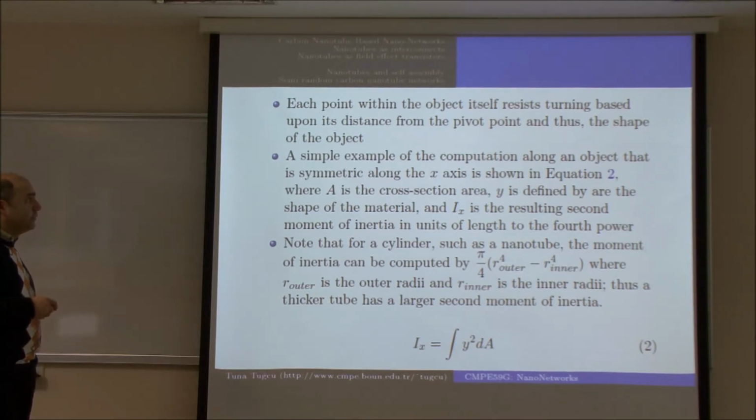So each point within the object itself will now start resisting this turning effect by the external force. But the effect will depend on how far that point is away from the pivot point. So the shape of the object will become important. Okay?